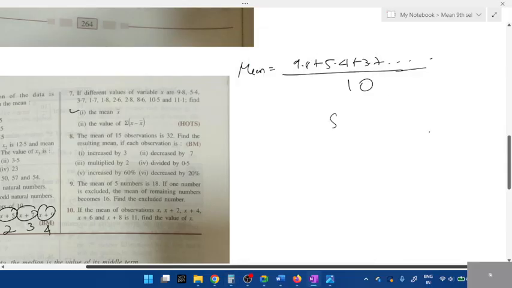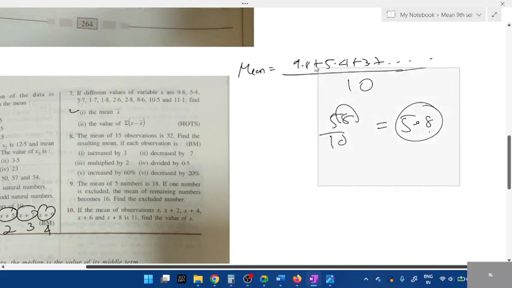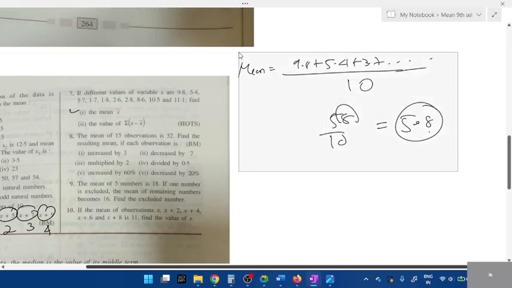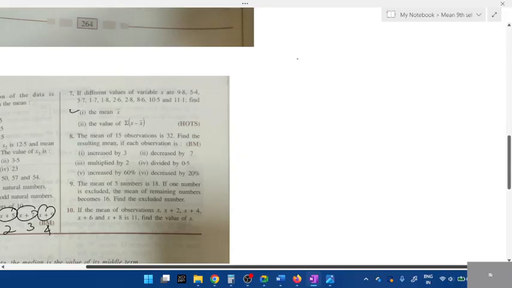Okay, 58 divided. Use shifting method. What's the answer? 5.8. So look here, students. Mean they've given x dash. So what is x dash we got? 5.8.